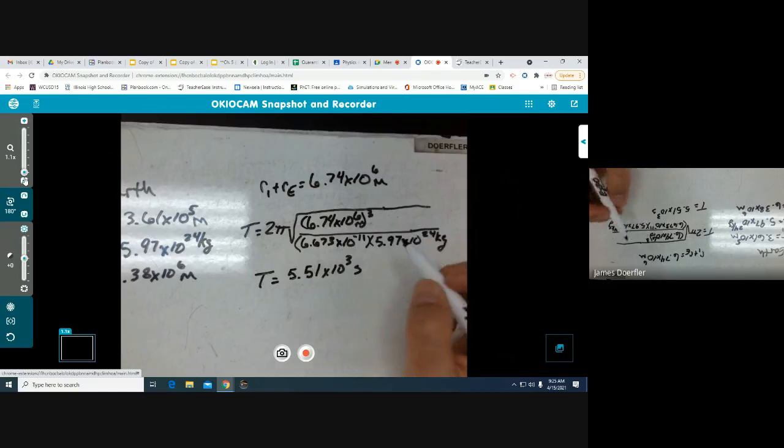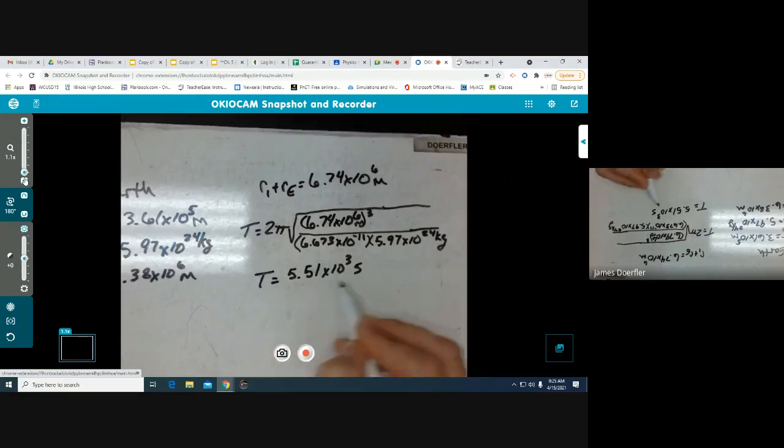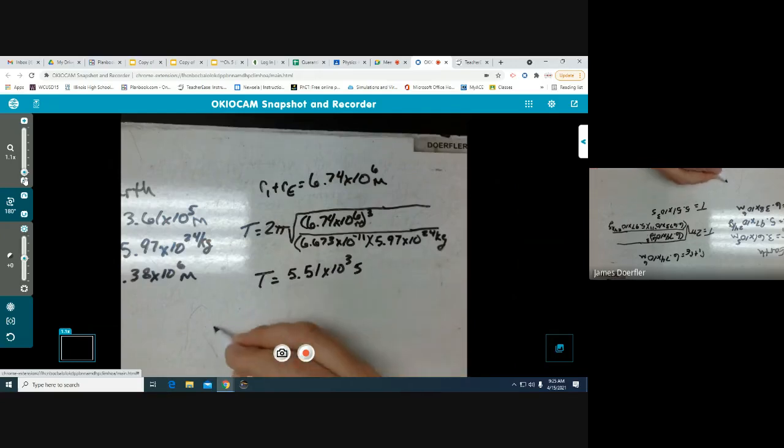So when you plug in your calculator, you should get 5.51 times 10 to the 3rd seconds. Is that what you're getting there? Just double checking. Excellent. So that's your period. Next, let's calculate the speed.